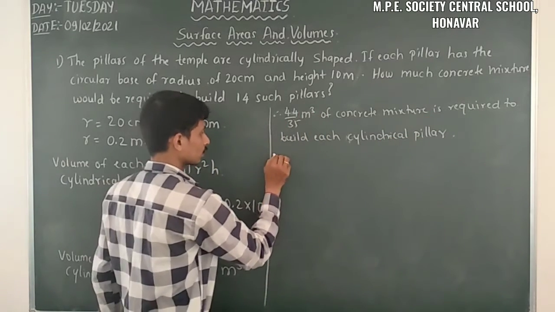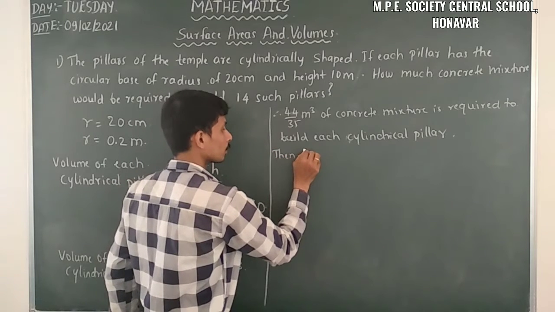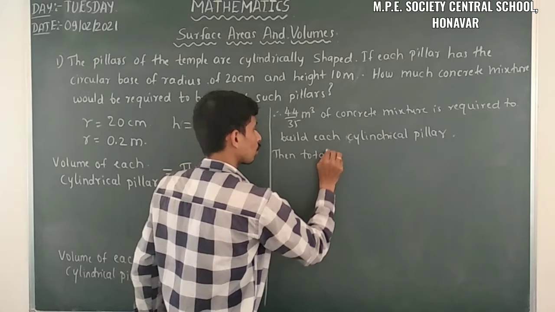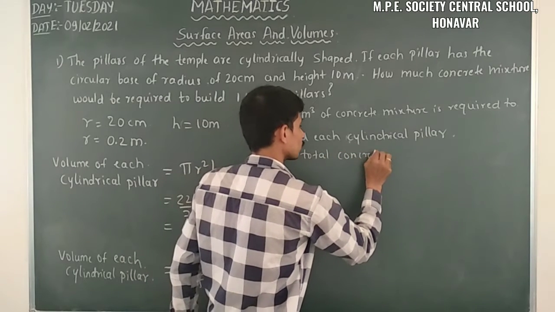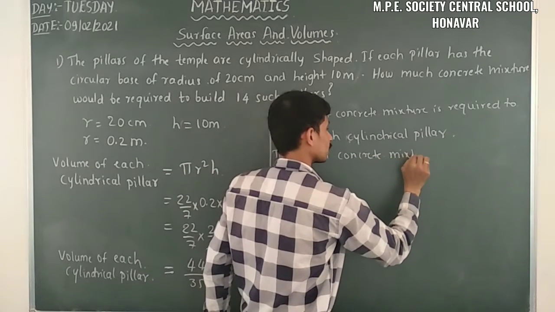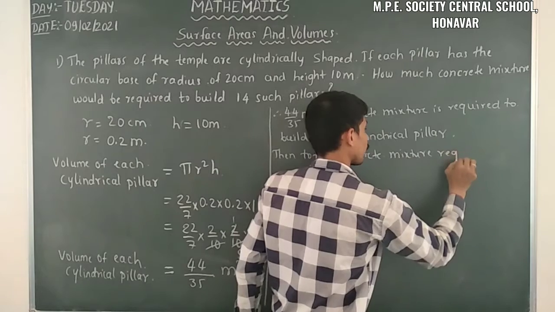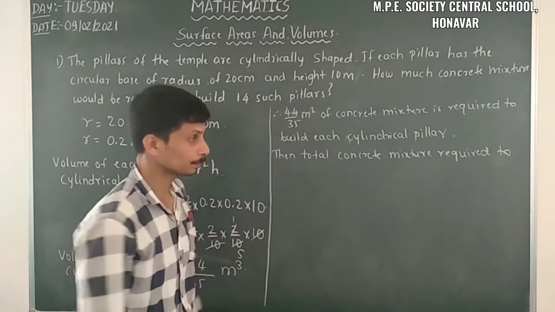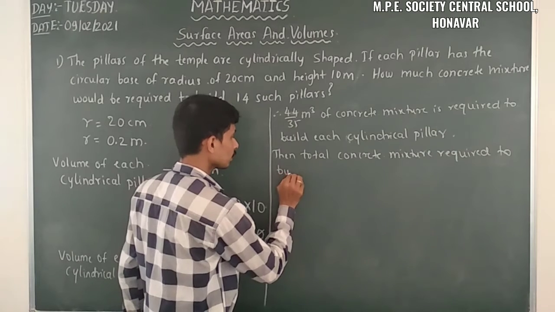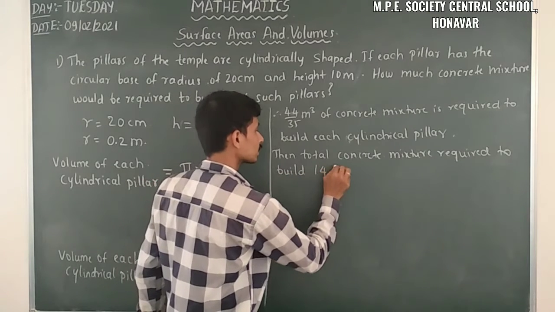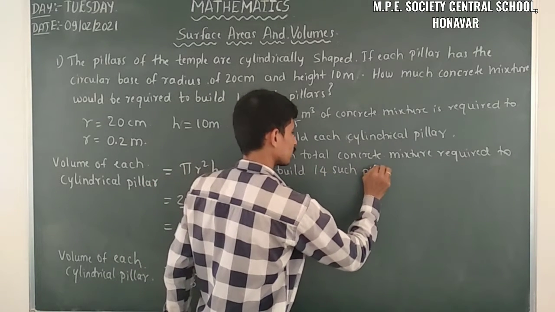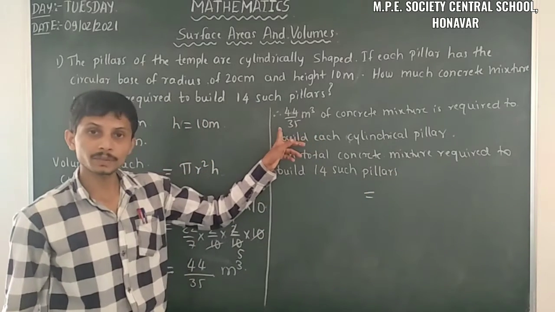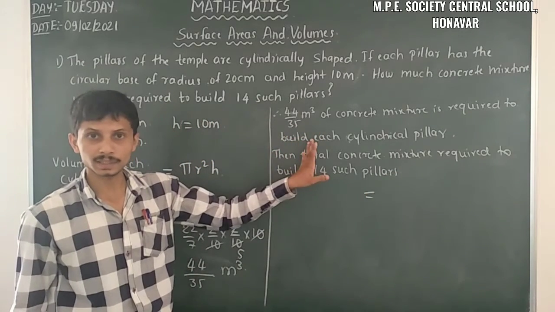Then the total concrete mixture required to build 14 such pillars is equal to, so already we found the volume of each cylindrical pillar.